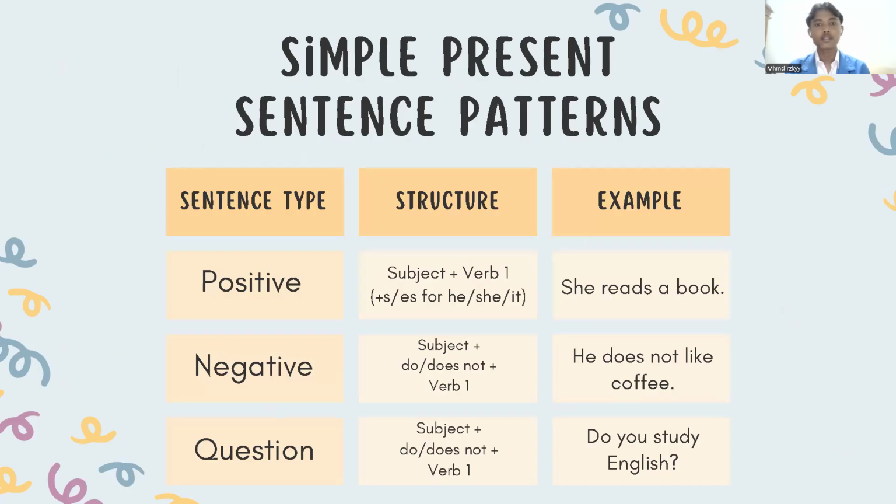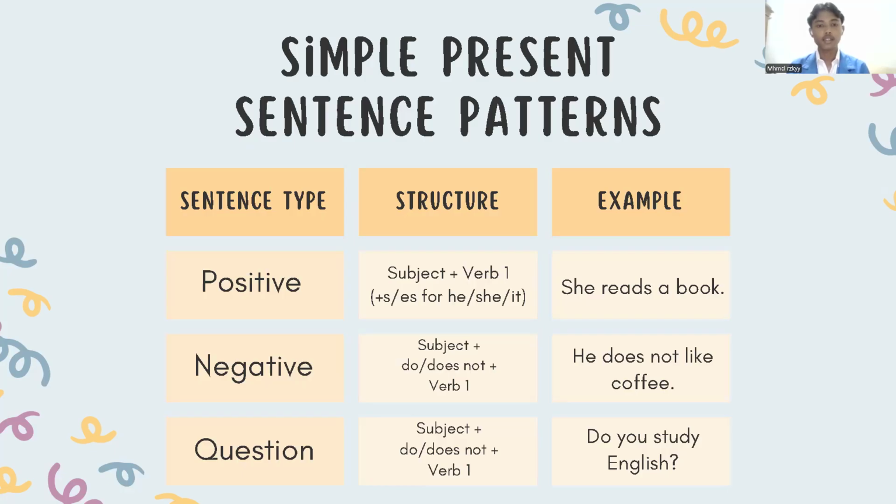Simple present sentence patterns. Sentence type, positive. The structure is subject plus verb 1 plus s or es for he, she, or it. Example, she reads a book.